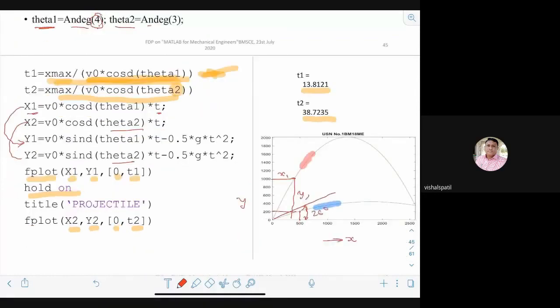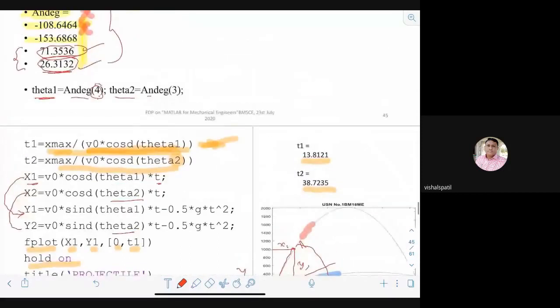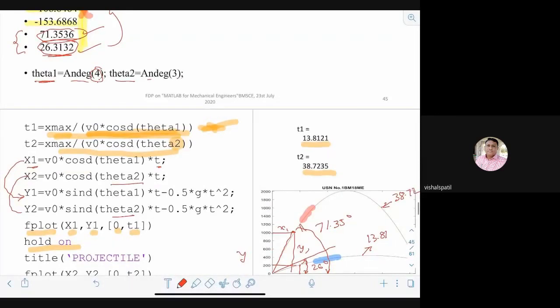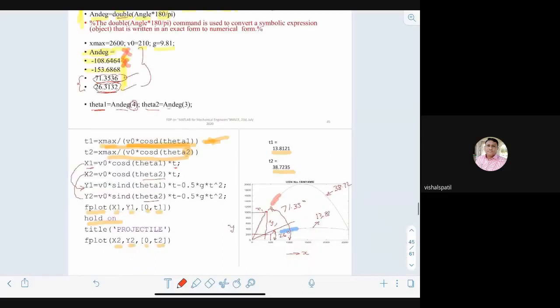And this one is fired at an angle of 71.35 degrees. This takes a time of only 13.81 seconds, whereas the other one will take 38.72 seconds.